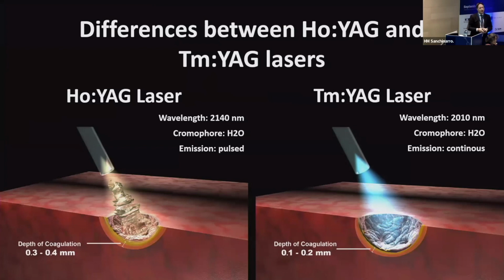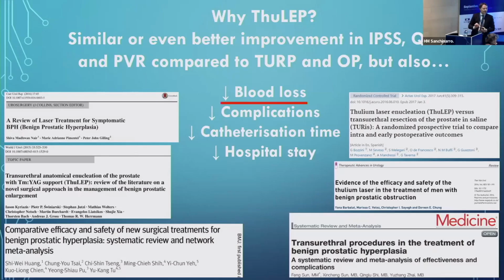And the depth is a little bit more with holmium and a little bit more superficial with thulium. So that makes one of the differences, which is about the blood loss. We saw that it is mainly a factor of the patient.